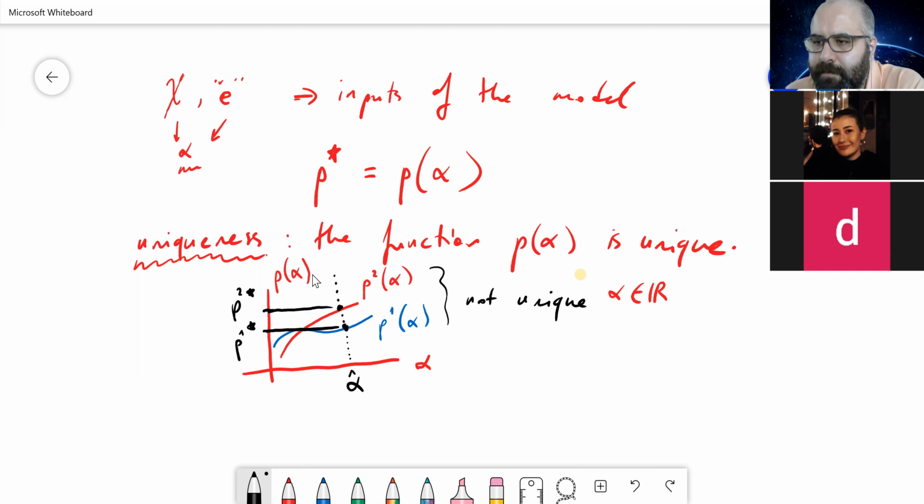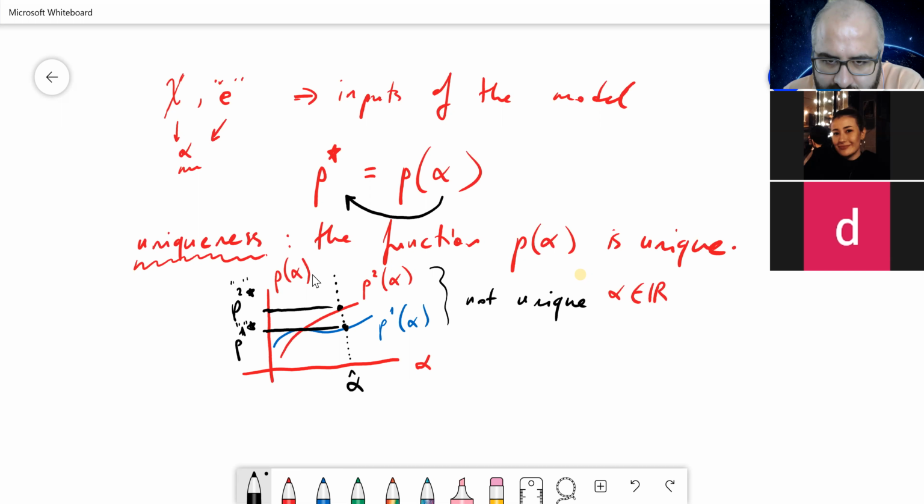So that's the essential difference. For a given set of inputs of the model, whether you find a unique p star or you can get different p stars. Careful, this is not the commodity. This is not the number for commodity.